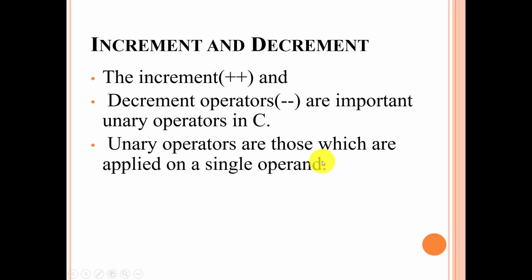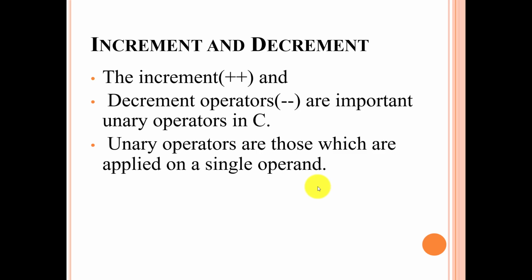Unary operators are those which are applied on a single operand. If you are performing the operation on two operands, they are called binary operators.